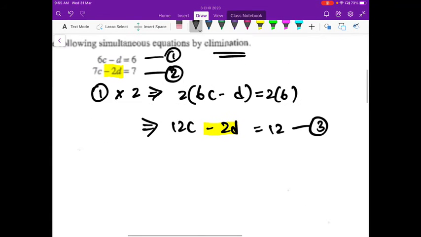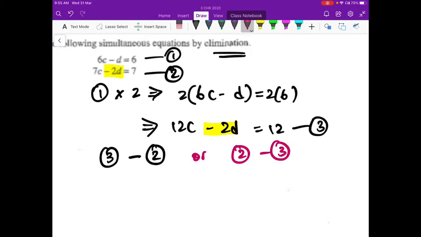Now in this case, you can choose to take equation number 3 minus equation number 2, or you can choose equation number 2 minus equation 3. Up to you. I will choose equation 3 minus equation 2. Why? Because the left hand side of equation 3 and the left hand side of equation 2, I have 12C minus 2D.